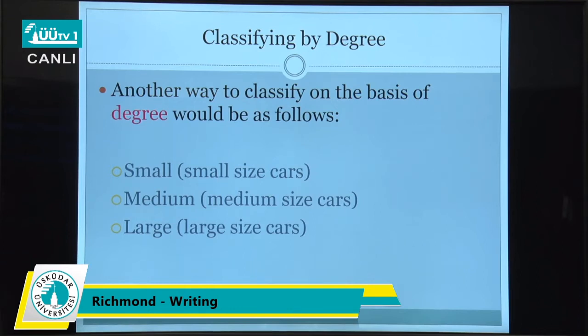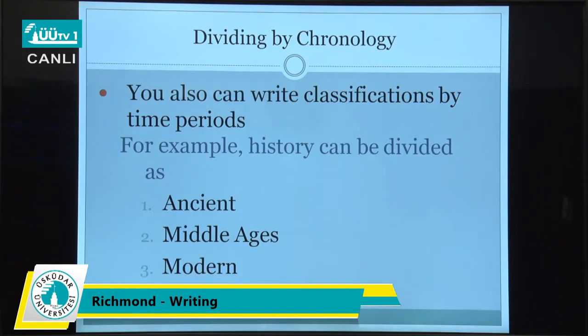You can also classify the subject on the basis of size, for example, small, medium, and large, as we did in the example of cars. Also, we can use time periods to do the classification.